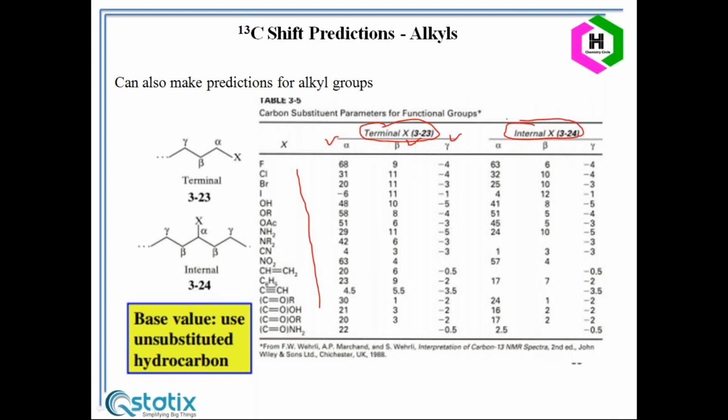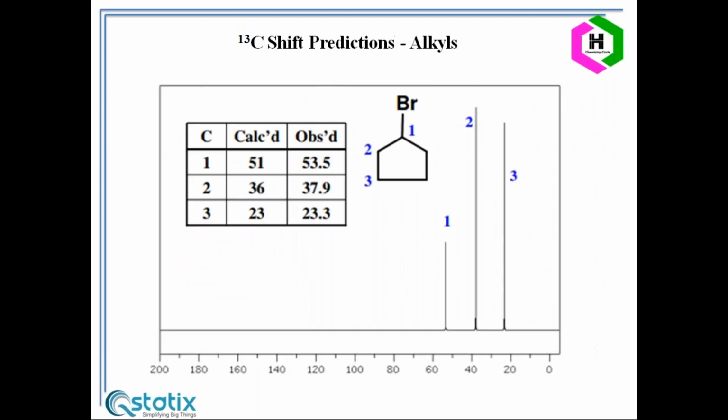If you want to calculate the alpha carbon, how much it will predict. If you want to calculate the beta carbon chemical shift value, for example if it is chlorine, for the base value you have to add 9. Like that, you can predict the alkyl group chemical shift values also.